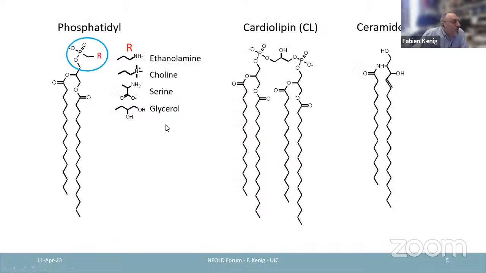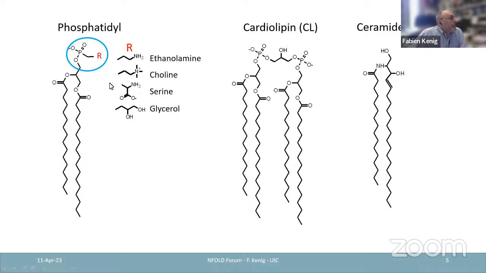What I will present here will talk about intact lipids, so lipids of the type you have on the left here. We have an intact lipid with a substituent R, and these substituents can be the various ones noted here: ethanolamine, choline, serine, glycerol, and others we are not concerned about today, like inositol and sugars, for example.